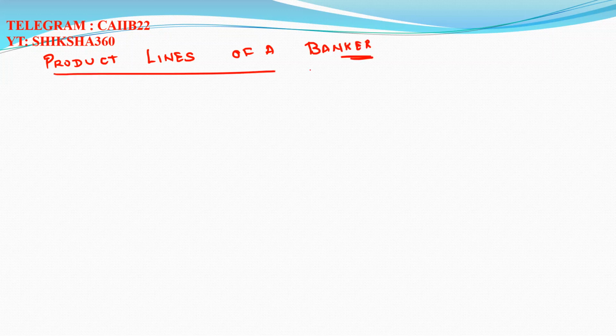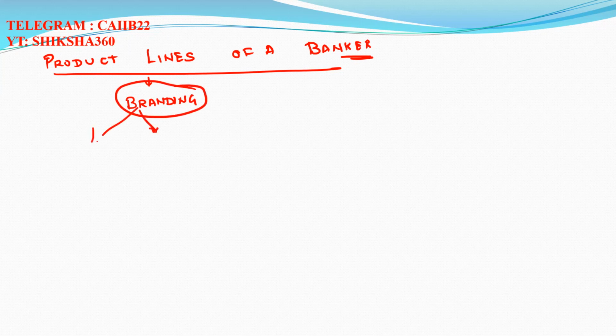Next one, from chapter number 5, that is product lines of a banker. Under that, the first thing we have to cover is branding. And branding is further of two types. Can anyone remember what are the types of branding?